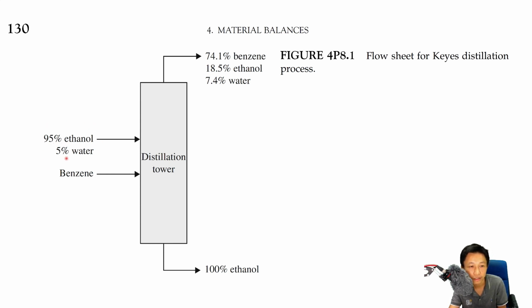95% ethanol and 5% water, and you need to have this kind of solvent. You put benzene here, and you do some distillation, and then you can have 100% ethanol at the bottom. And the other thing is you have this one, but you do more separation.